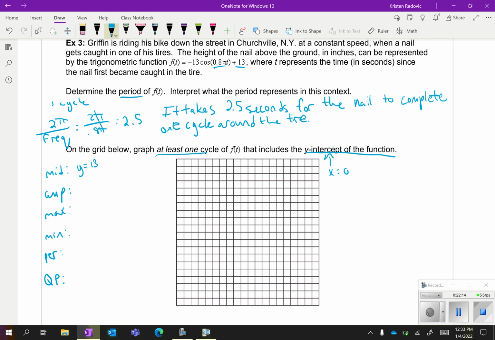Now, your amplitude is what's in front of the equation, but your amplitude is always positive because it's a distance. So the amplitude is also positive 13. If you're starting at 13 and you go up by 13, you're going to 26. And if you're starting at 13 and you are going down by 13, you are going to 0.